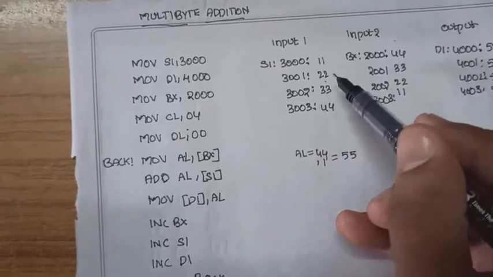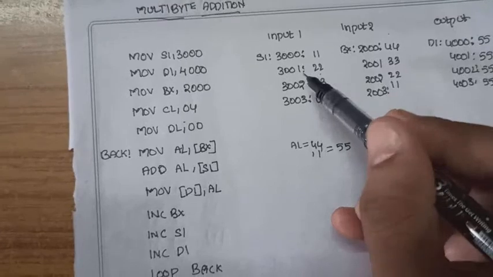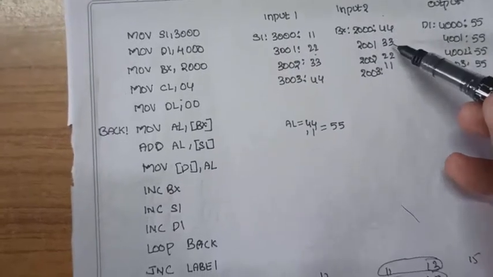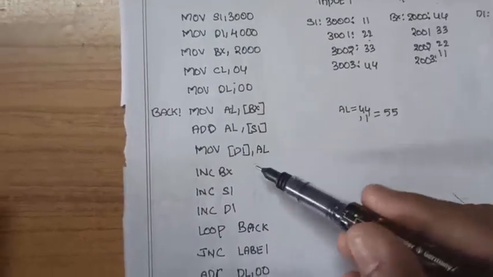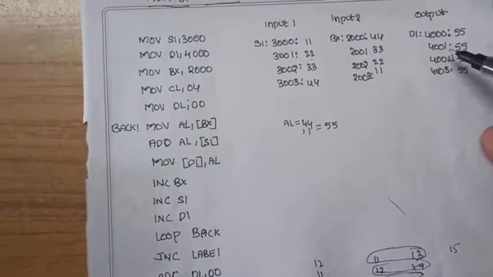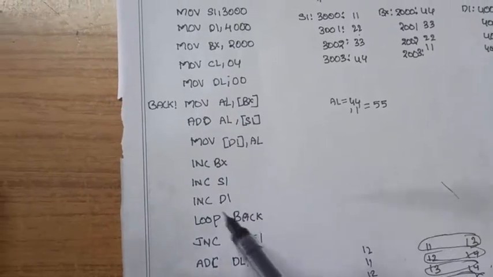Now I want to perform addition of the next consecutive bytes. For that I just increment all the memory locations. Increment BX, which increments this location. Increment SI, it increments this location. Increment DI, because for storing the output we also need another location. After this the same operation is to be repeated, so I have written a loop back.